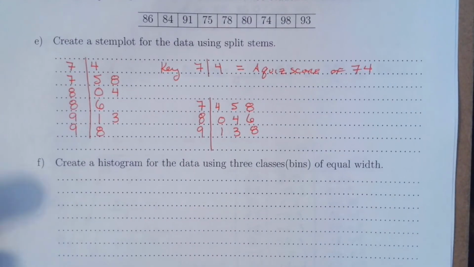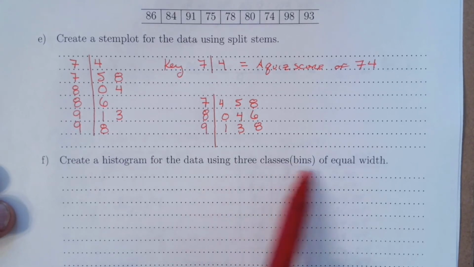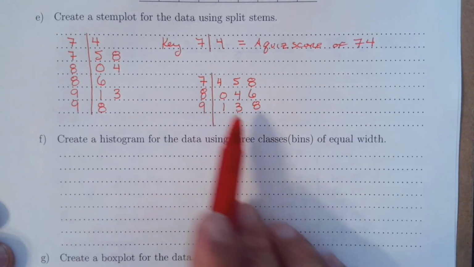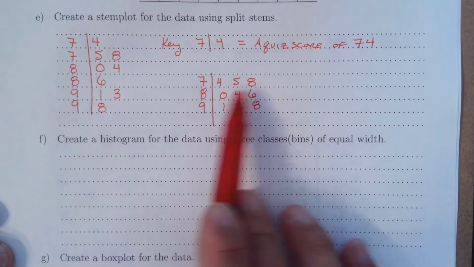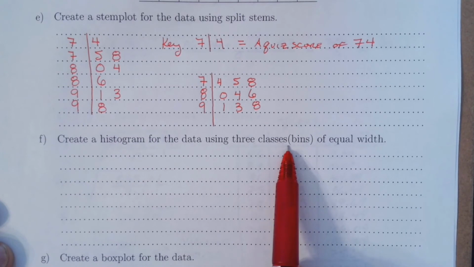Now, if I want to create a histogram for this data using 3 classes or 3 bins of equal width, and truly speaking, when you're creating a histogram, your bins or classes are always of equal width, I can look to my data. Nicely, the 70s, the 80s, and the 90s are going to be these 3 classes of equal width.